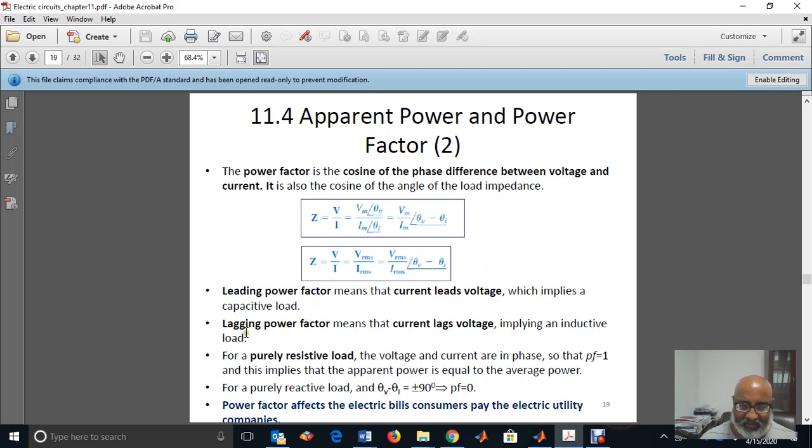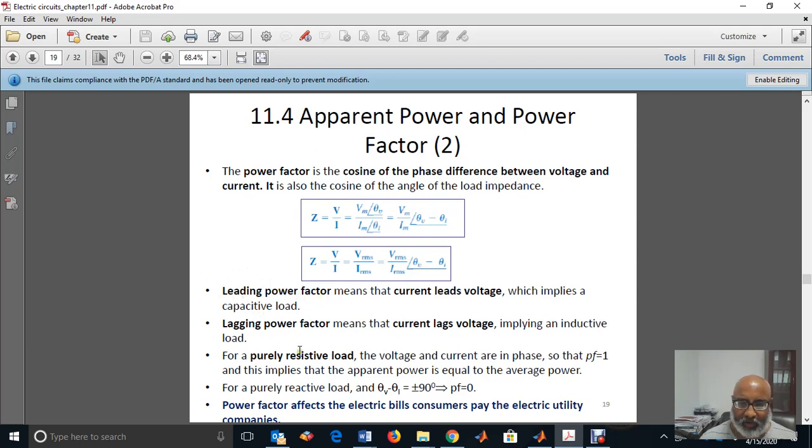In this type of load, we have mostly inductive load. If theta V minus theta I is negative, we have leading power factor, and we say the current leads the voltage, and the load is capacitive load, because for the capacitive load, the current leads the voltage.